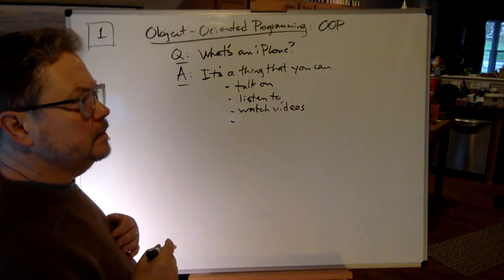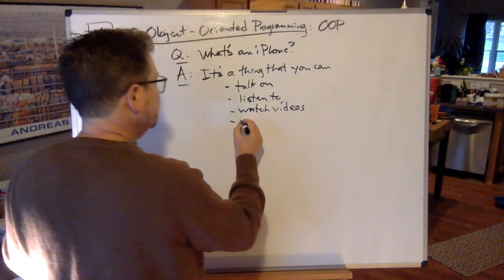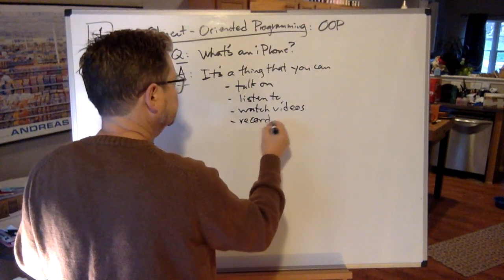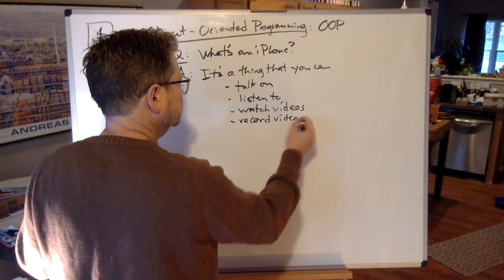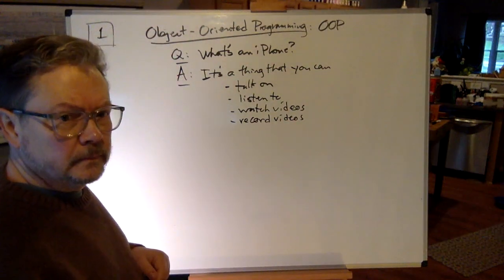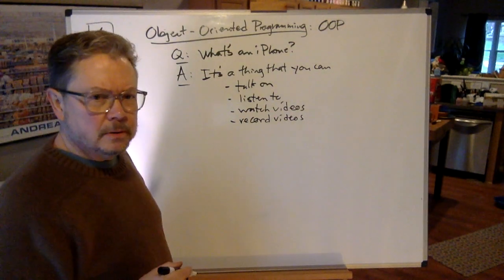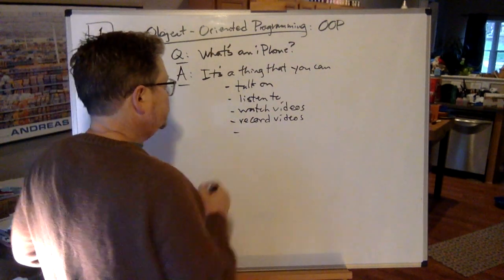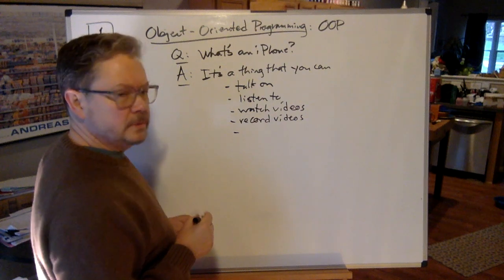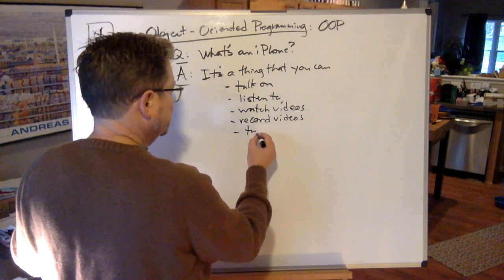You can, I suppose, record videos if you want to. And let's see, it's kind of established a pattern a little bit. I'm going to slip in a couple of just ridiculously, rudely obvious ones here. It's something that you can turn on and turn off.